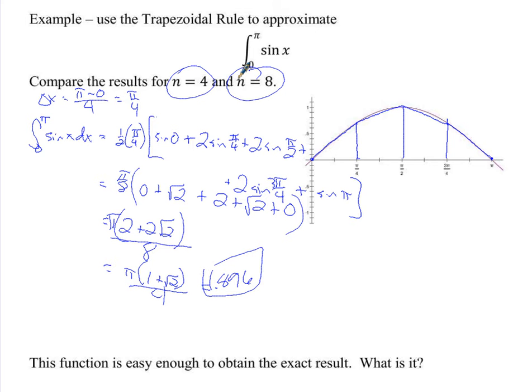Now we want n equals 8. So I'll change colors. What is our delta x now? Pi over 8. It's pi over 8.